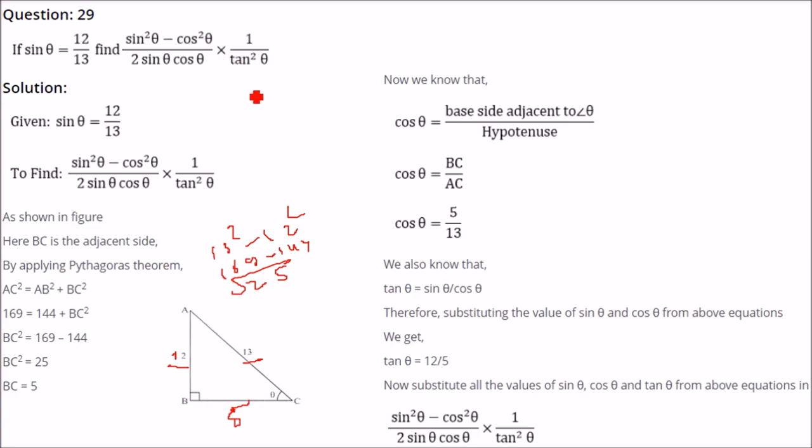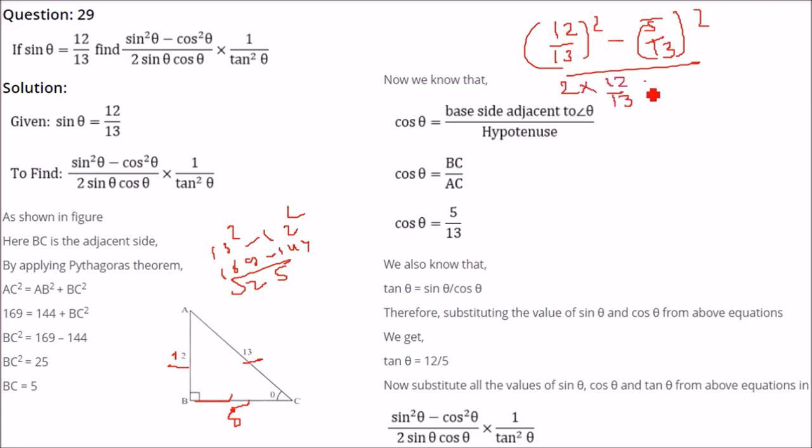Now we can put the values directly. Sin square theta is 12 by 13 whole square. Cos square theta is what? Cos theta is base upon hypotenuse. Base is 5, hypotenuse is 13. So 5 by 13 whole square. Then you have 2 into sin theta, which is 12 by 13, into cos theta, which is 5 by 13.